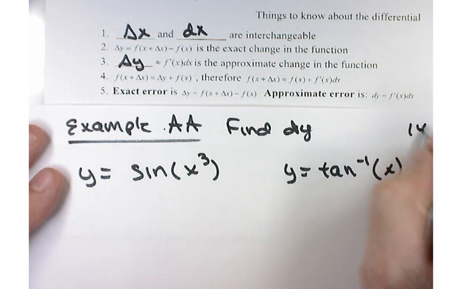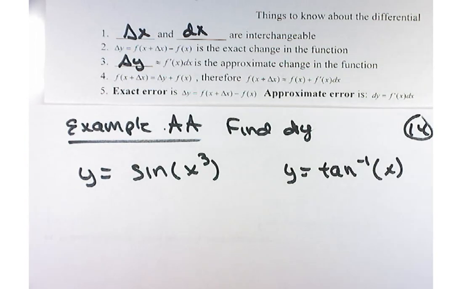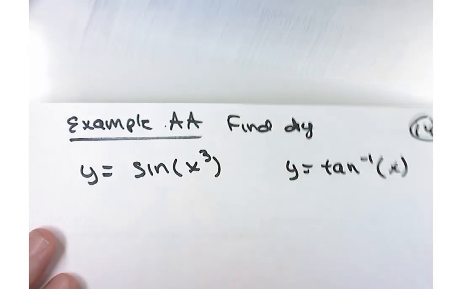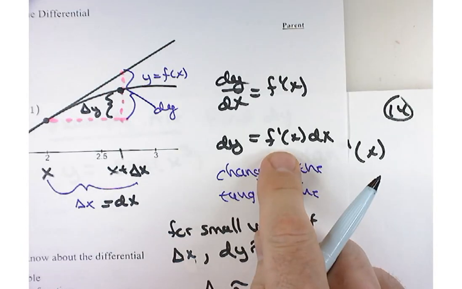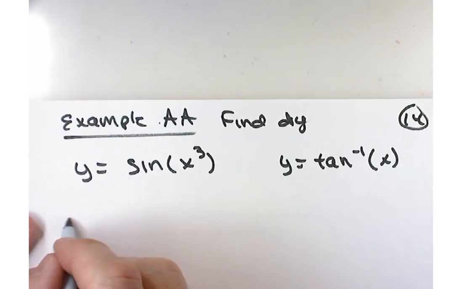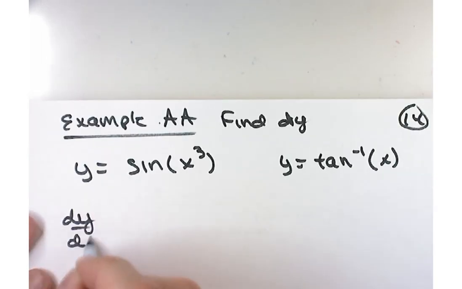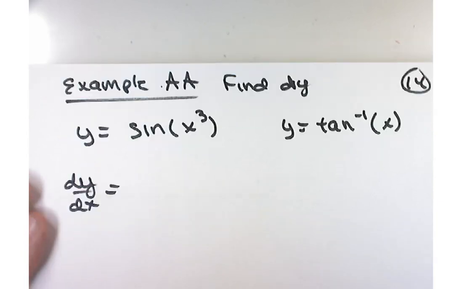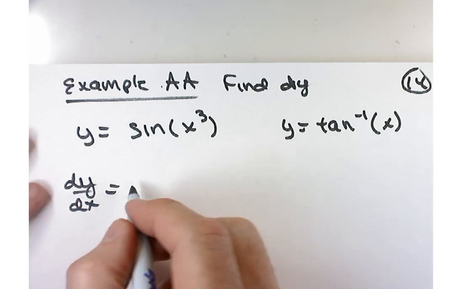Okay, not bad. But to find dy, really we need the derivative, right? dy is f prime of x times dx. Okay, great. So we'll start by calculating dy by dx. And by now you guys are experts in the chain rule, so let's just grind this out.